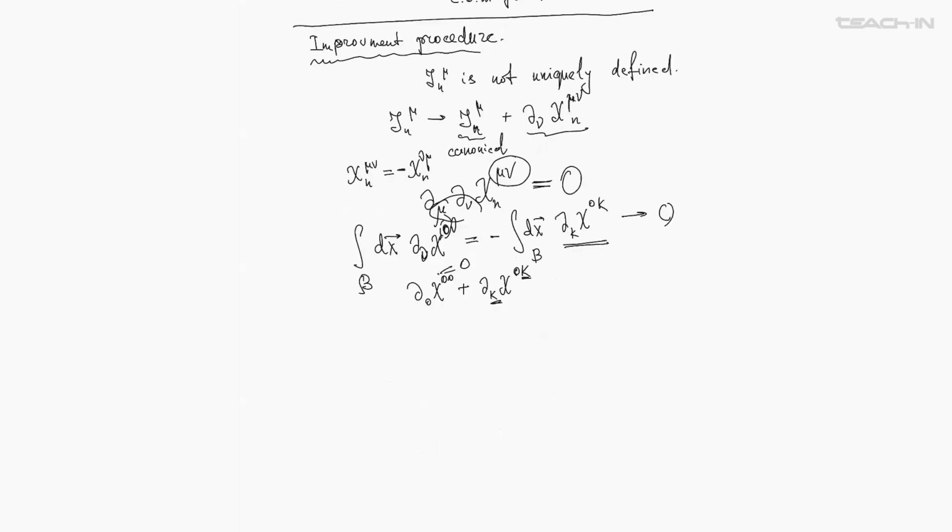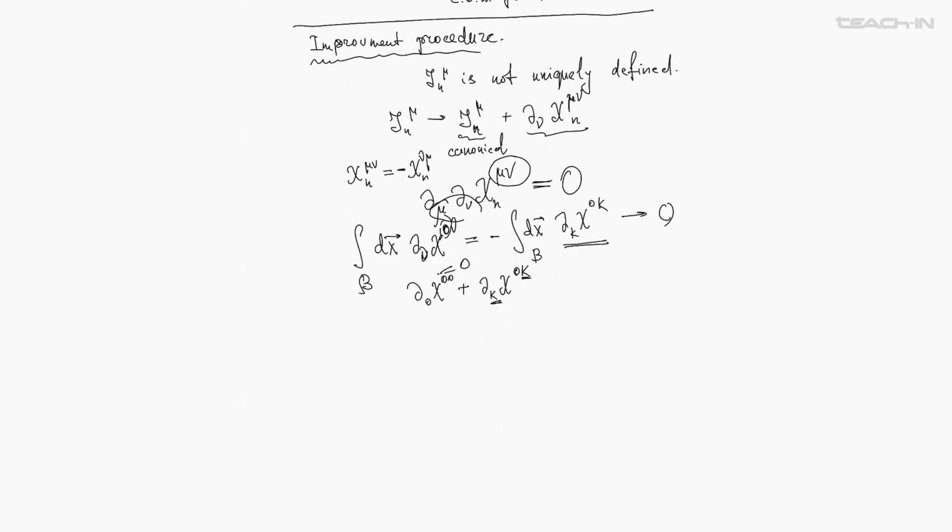Okay, so this means that in principle we have this possibility, and you can ask yourself, is it possible, for instance, to use this freedom to make your stress tensor, which might be originally not symmetric, to become symmetric by adding a proper improvement term?